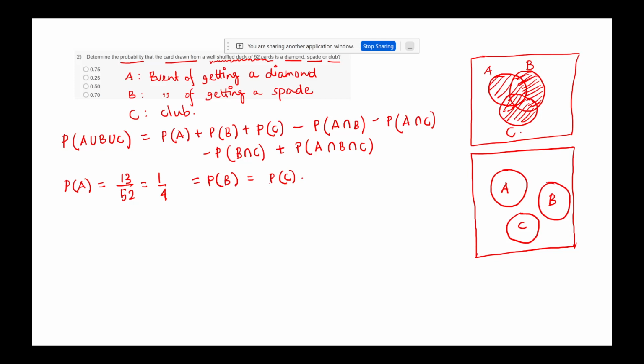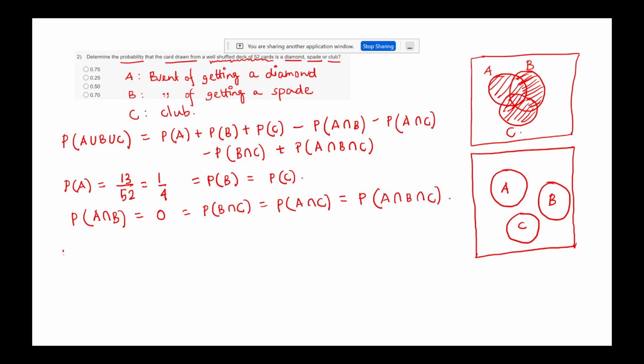And there will be no chance of getting diamond and spade, because there is no card which has both, so those are 0. These are mutually exclusive.